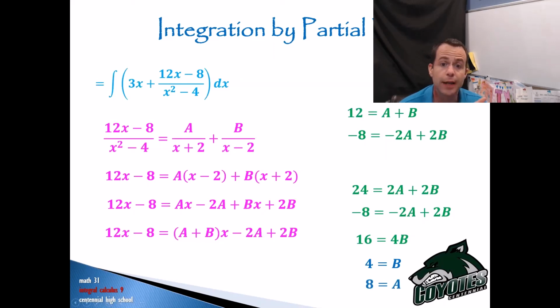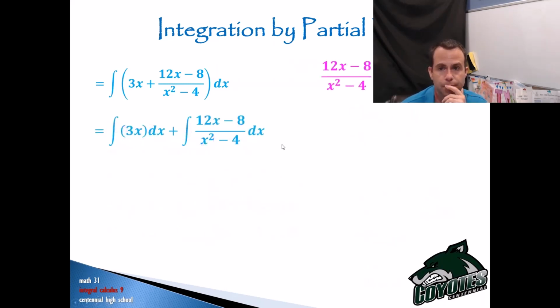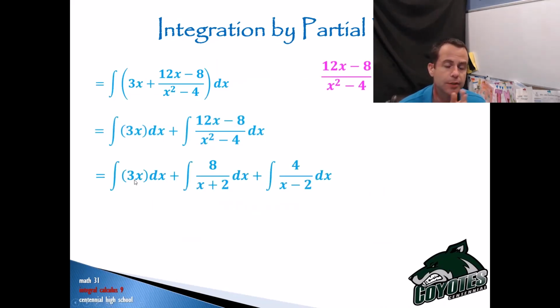Okay, so now I have my essentially 3 different statements. I've got 3x plus 8 over x plus 2 and plus 4 over x minus 2. So I have these 3 separate integrations: the integration of 3x, the integration of 8 over x plus 2, and the integration of 4 over x minus 2.